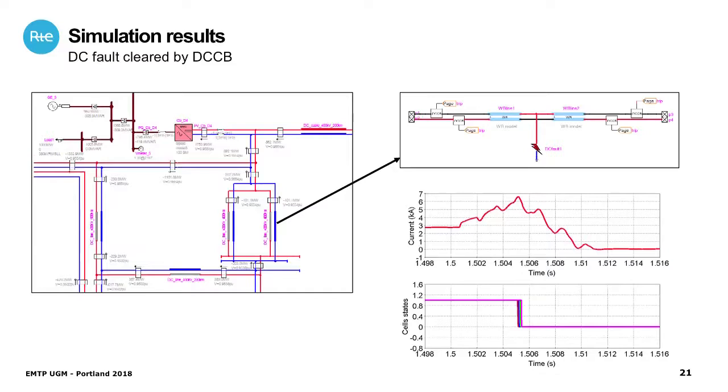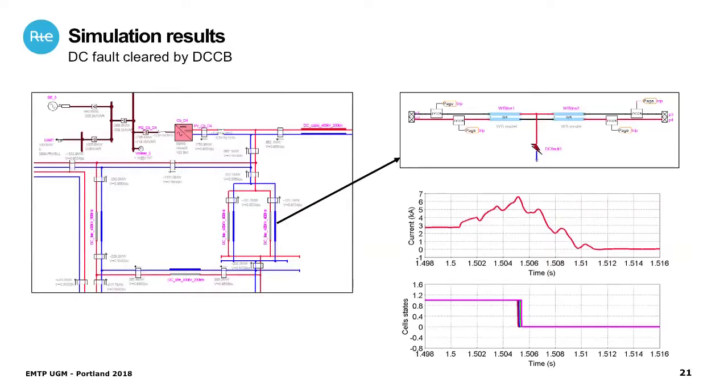What we did is, in one line, this is the internal circuit in this line, we added a DC circuit breaker, and we did a fault here, pole to ground, single phase permanent fault. The DC circuit breaker opens and actually disconnects the line permanently. There is no reclosure here for this first test.